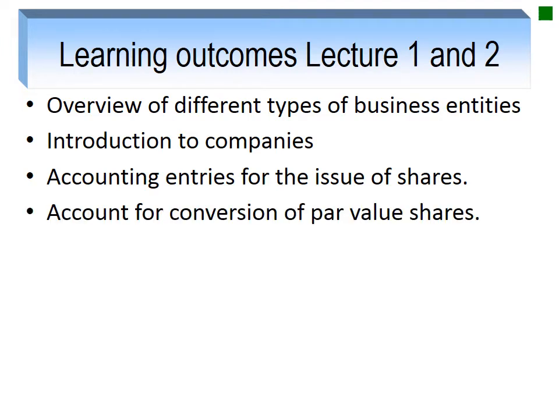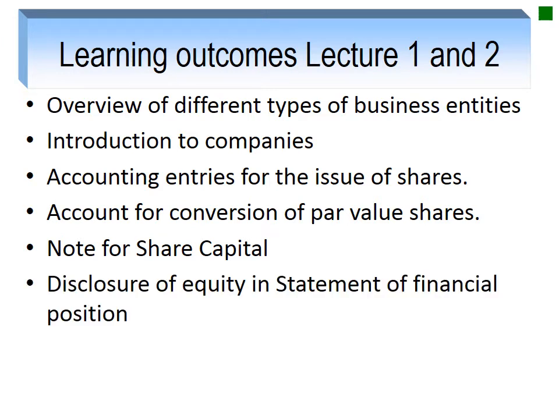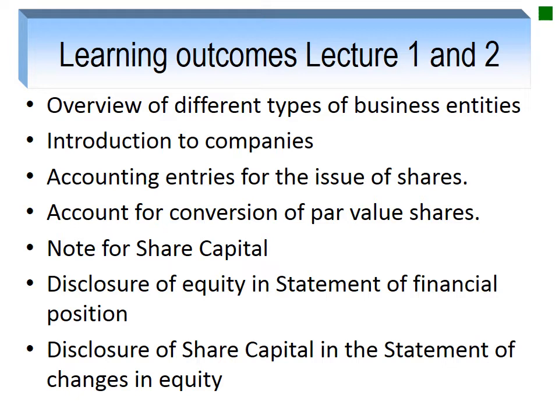We also looked at how to account for the conversion of par value shares into no par value shares, as in terms of the New Companies Act, all shares that are now registered are registered as no par value shares. We looked at disclosure, the note for share capital, as well as how we disclose equity in the statement of financial position and how we disclose share capital in the statement of changes in equity.